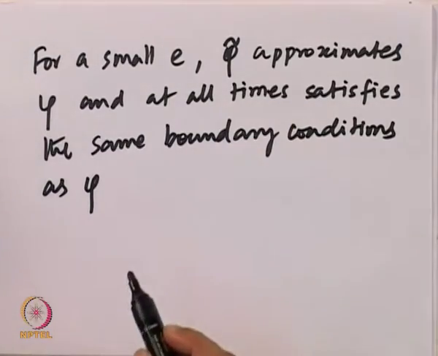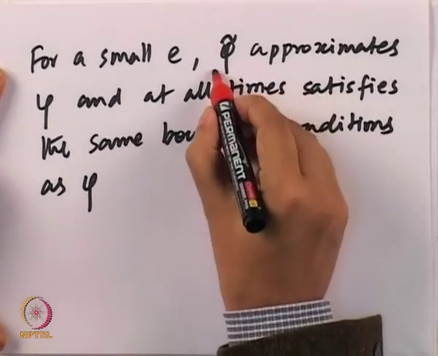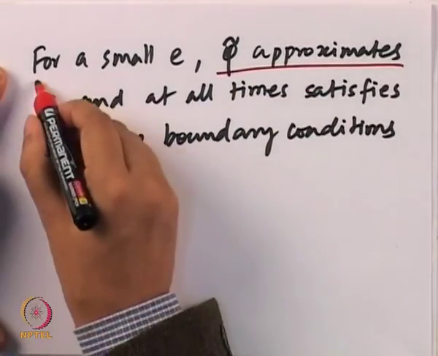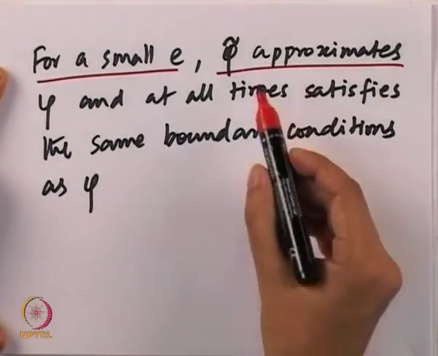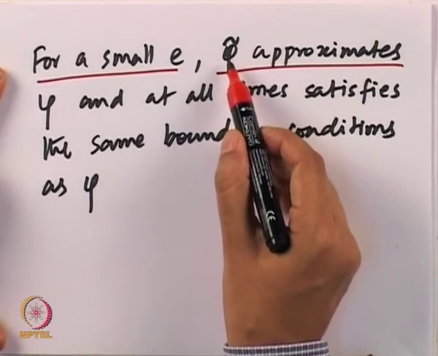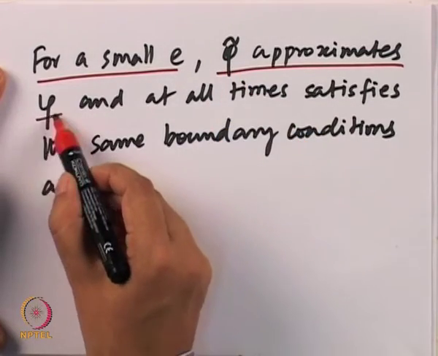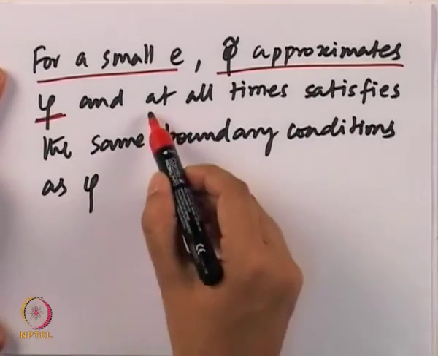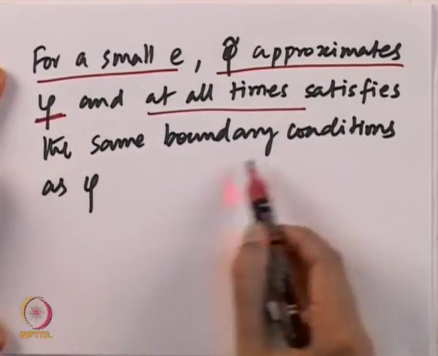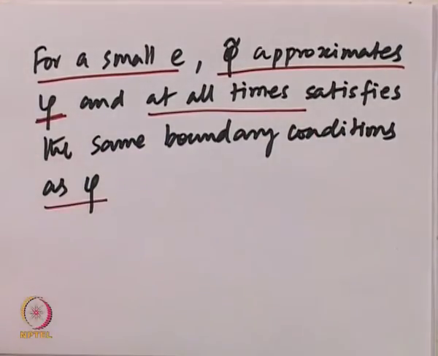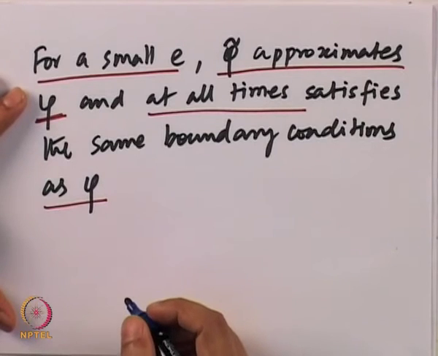So the important thing is this should be defined. For a small value of e, the tilde, the approximation satisfies or approximates phi, and at all times satisfies the same boundary condition as phi. So once we have that, we can proceed with our analysis with confidence that we can set up a function.